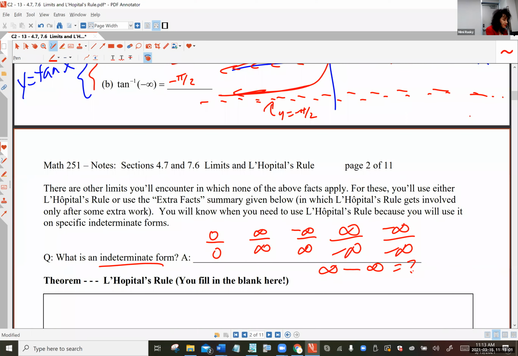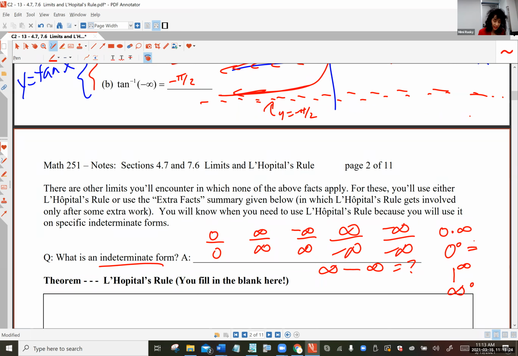Another one that's considered a hot mess is 0 times infinity, that's indeterminate. 0 to the 0, that's indeterminate. 1 to the infinity and infinity to the 0. These are all indeterminate.